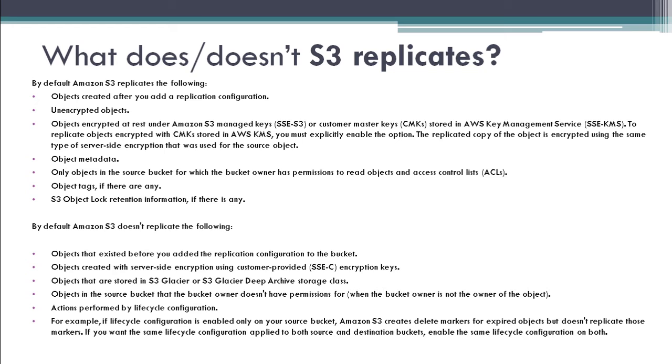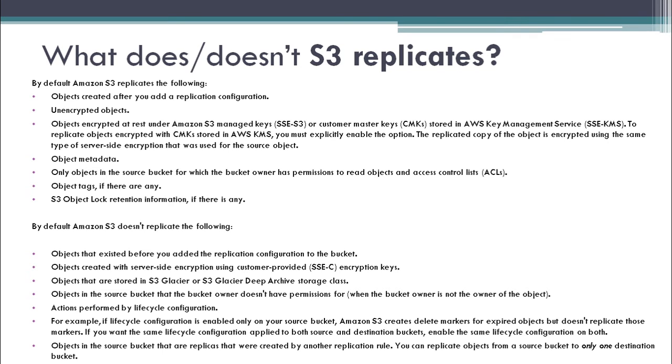If you set lifecycle rules on your source bucket, they will not replicate to your destination bucket. If you want to apply the same set of rules, you have to explicitly apply that lifecycle configuration rule to your destination bucket as well.